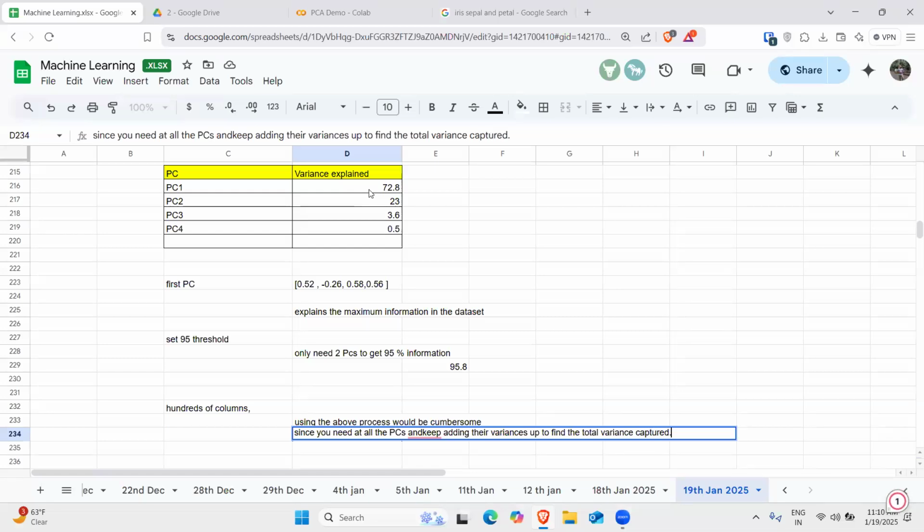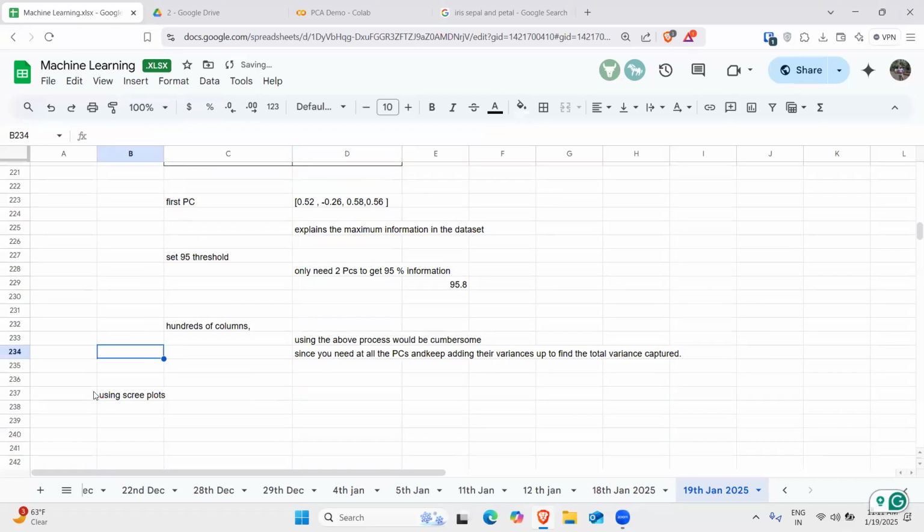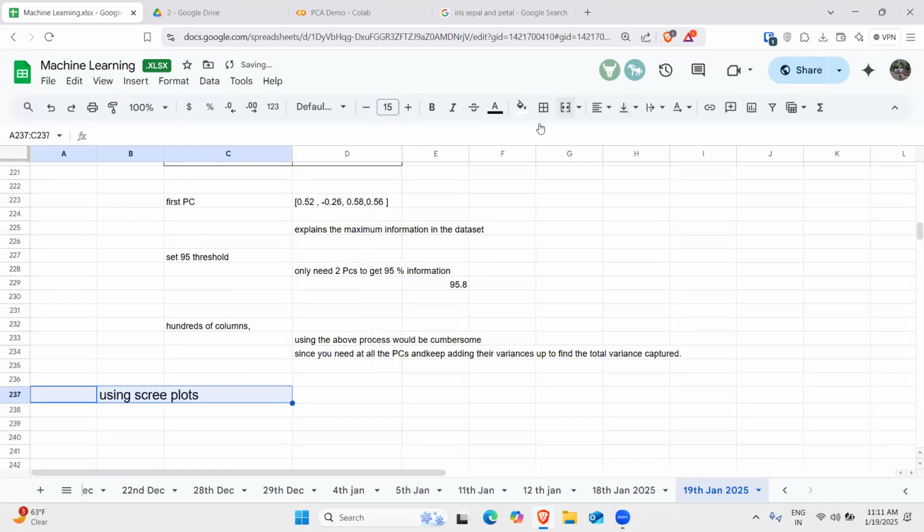Yes or no? So instead of that, we use Scree plot. That's why Scree plots are introduced. Scree plots, what is that? We'll try to see that.